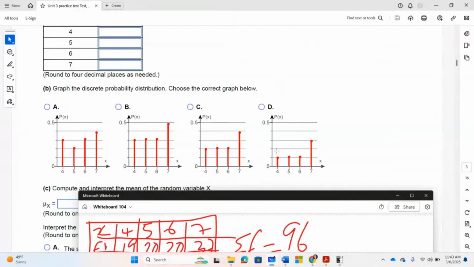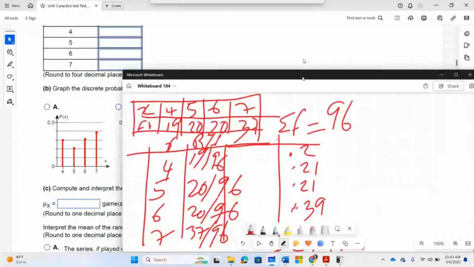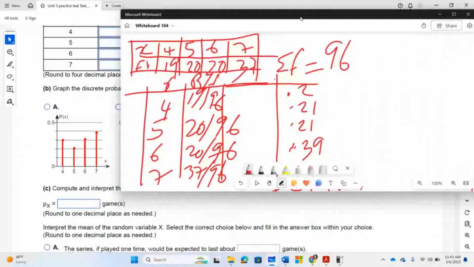So this is 0.2, 0.2, and so on. So C is the correct answer. What I'm trying to stress is that these are bars. They are not histograms. Why? Because it's a discrete probability distribution. You cannot draw a histogram. You have to draw a bar graph.